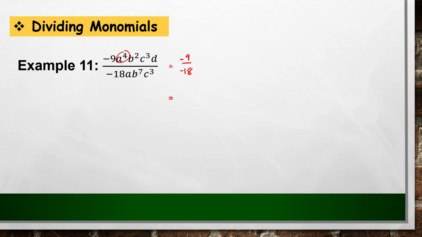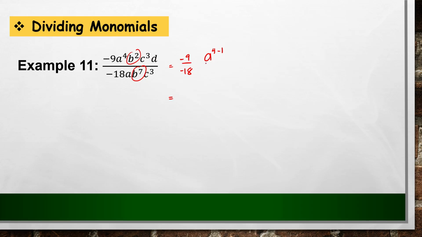Let's consider the terms with the variable a. The exponent on top is higher than the one at the bottom, so I'll put that on top. That's a raised to 4 minus 1. I emphasize that because if you look at the b, the exponent in the denominator is higher than the one on top.